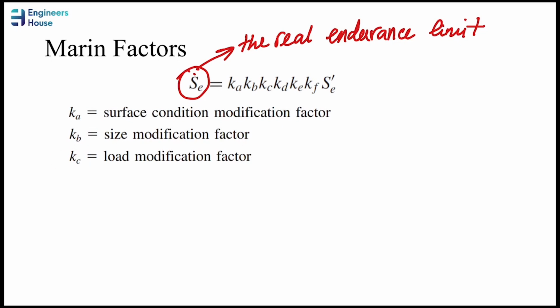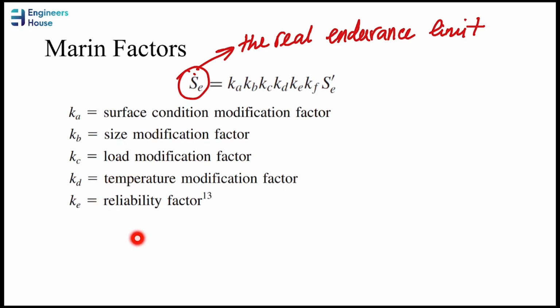It could be a torque or an axial force or anything else, or even a combination of them. So the load modification factor will give us a real approach. The other one is a temperature modification factor. This one totally depends on the temperature you are working with.